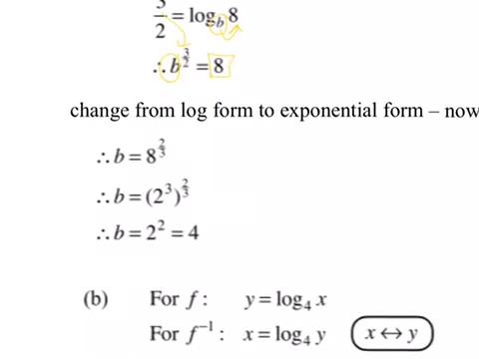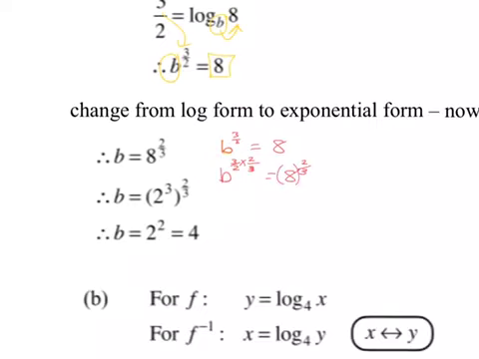Here you have to use your idea of rational exponents from grade 11. So we have b to the power of 3/2 is equal to 8. Now, in order to get b by itself, we're going to multiply by its inverse. But then we've got to do it to the other side as well.